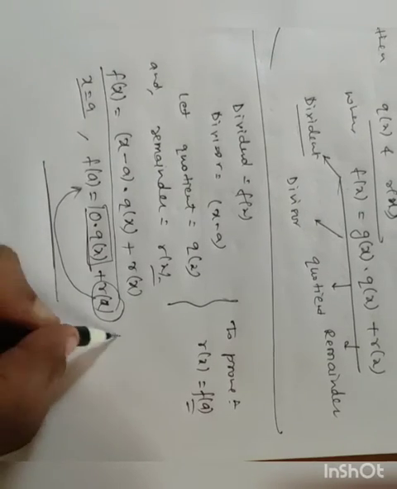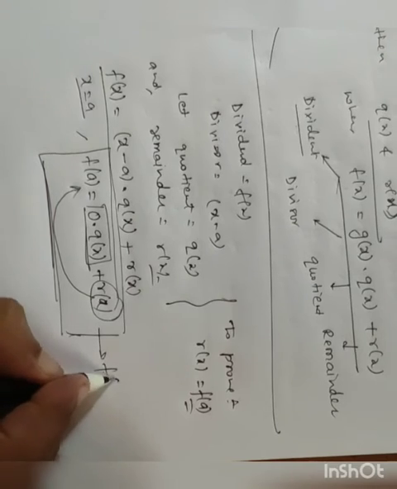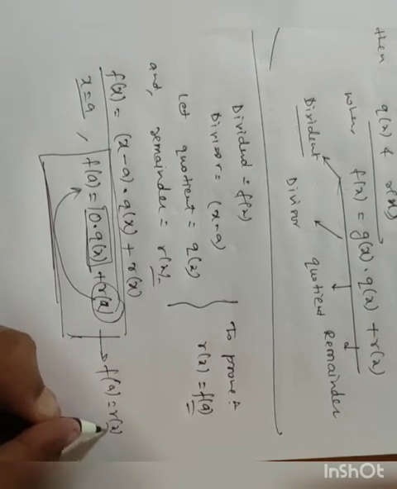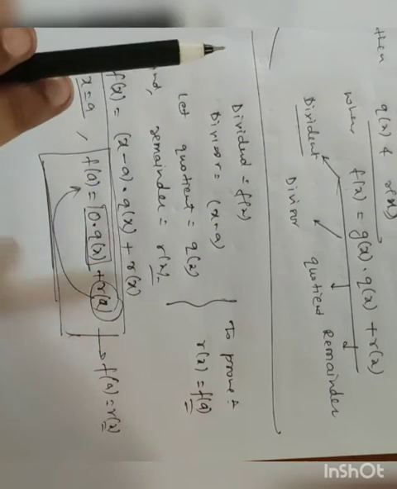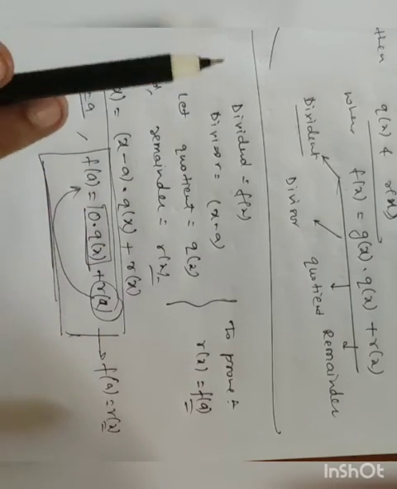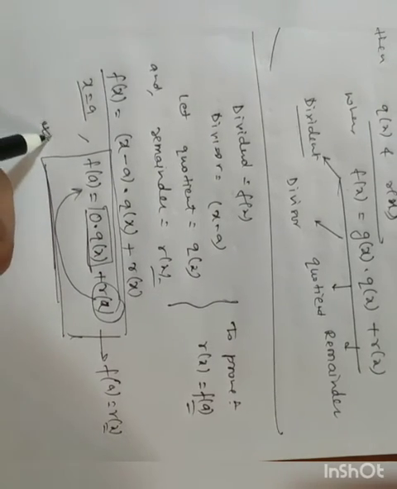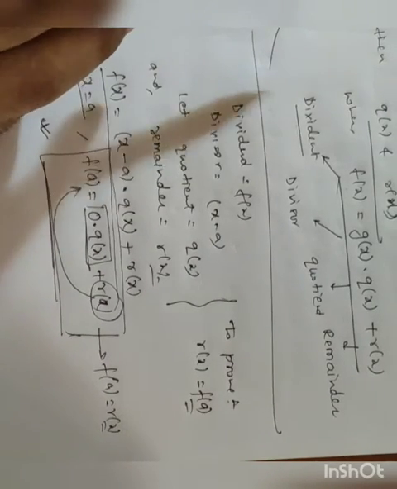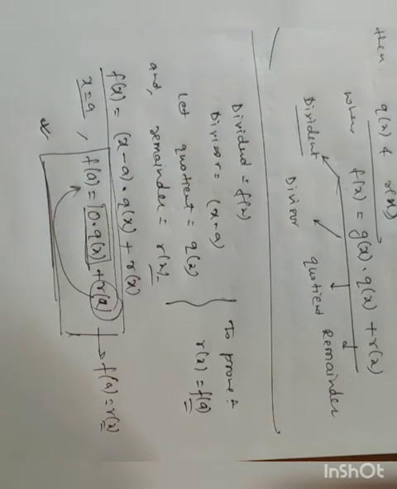So it is proved that if f(x) is a polynomial and it is divided by x minus a, then the remainder will be f(a). We also proved it by using the division algorithm. So now it's clear.